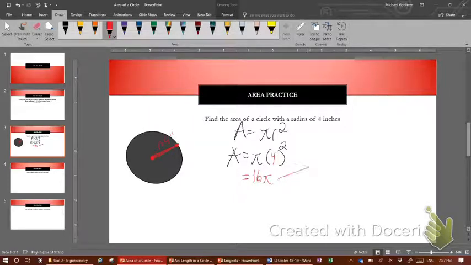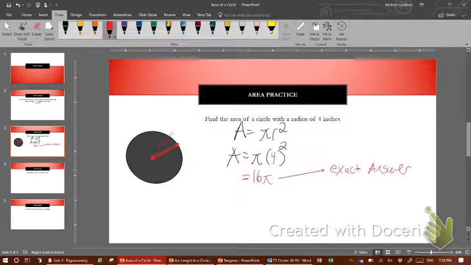And the reason that we call it exact is because we don't know what pi is. But we know that if we did know what pi was, 16 times that number would be the area of our circle.